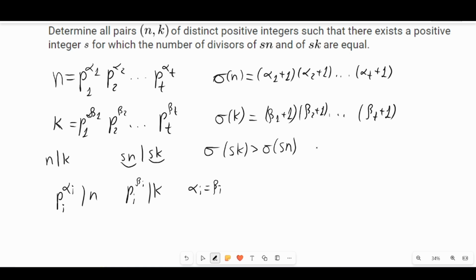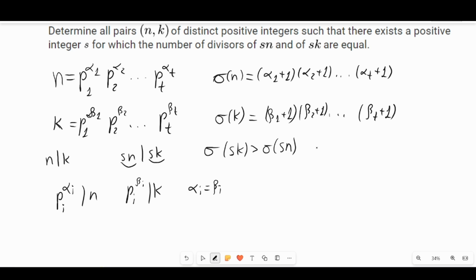So we can say that s has no such prime divisors p_y. And if we add any prime divisors which are not in the set of prime divisors of n and k, nothing will change for the number of divisors of s times k and s times n. They can't become equal if they were not equal before.